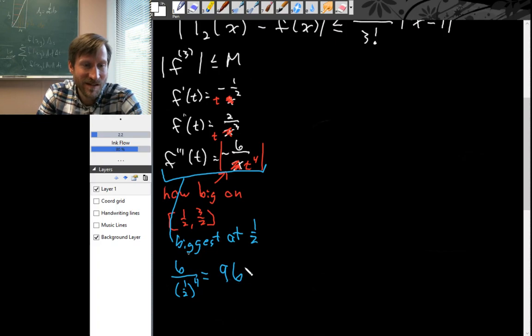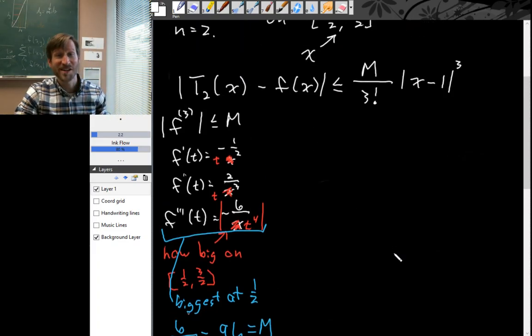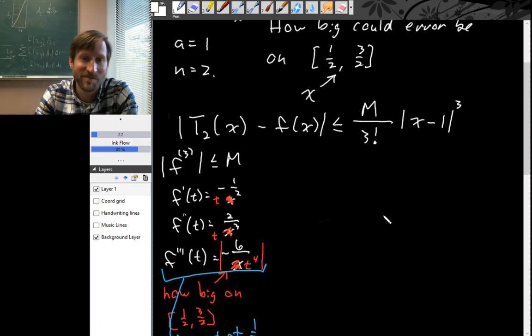Okay, so 96 is the largest this third derivative gets between 1/2 and 3/2. And so that means that this is M. So M is 96. It's sort of unfortunate that it turns out to be so big, but that's life. Okay, so now we know M. It's 96.